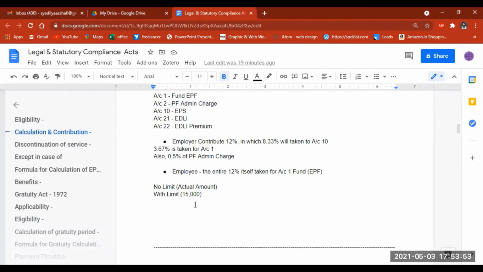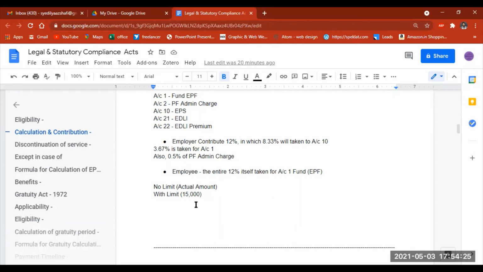Some companies and some managers allow, and some don't. The other one is with limit, as we previously discussed, it is 15,000. The employee gets the Employee Provident Fund only if he earns a basic salary of 15,000 or below. If he earns more than that, he is not eligible. So that is called no limit and with limit of the Employee Provident Fund.